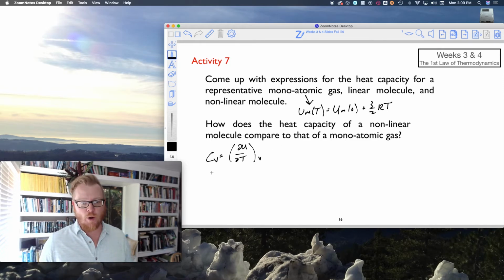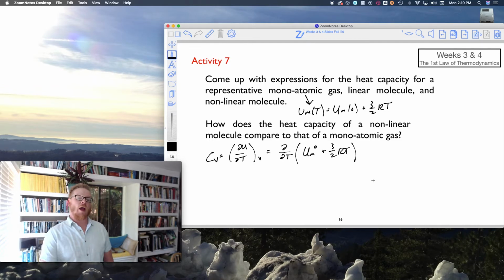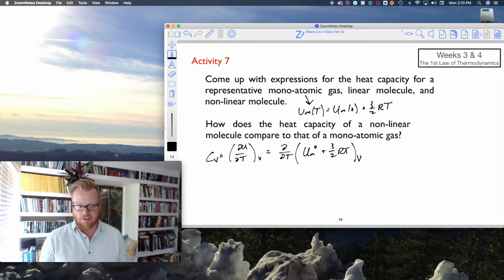Well, with partials, I can say partial with respect to T of UM0 plus 3/2 RT, and that's all at constant V. I could put that little V down there so I would know the V is being held constant.